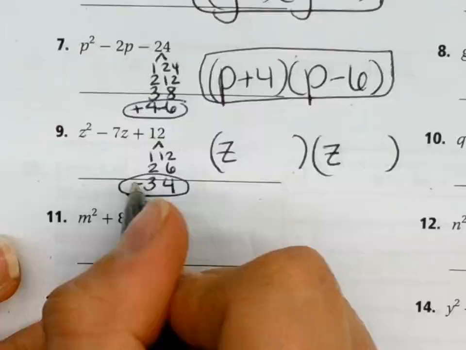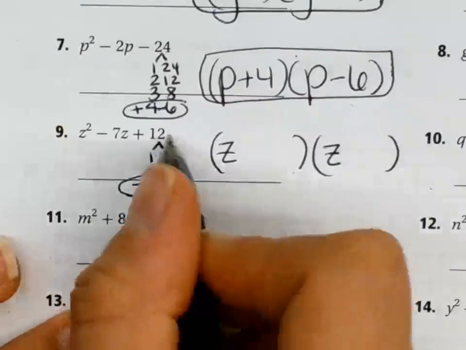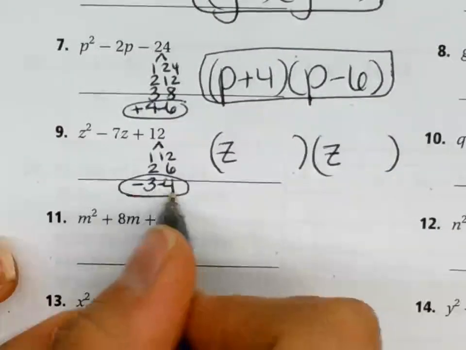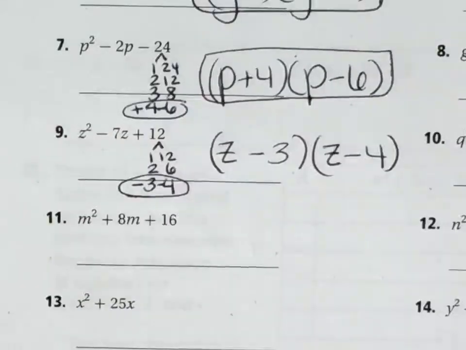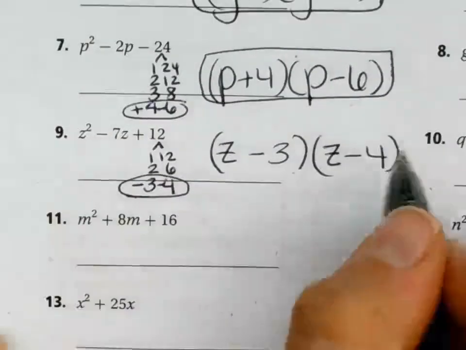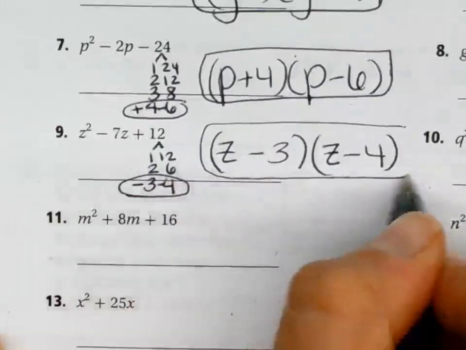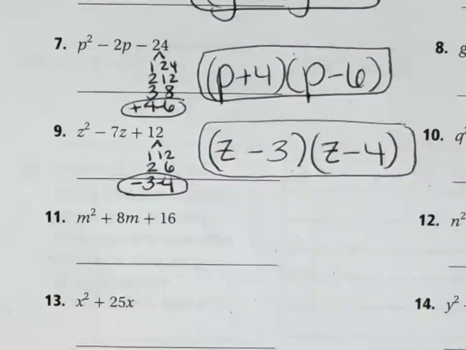Negative 3 and negative 4 multiplied to positive 12, and negative 3 plus negative 4 is negative 7. Next one.